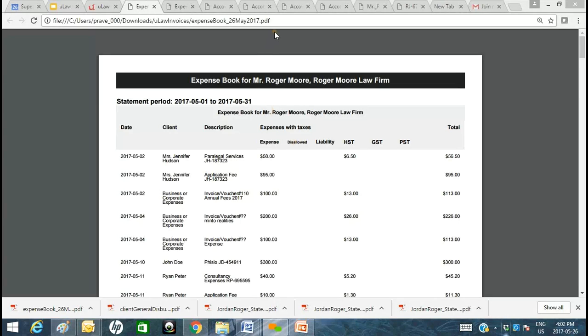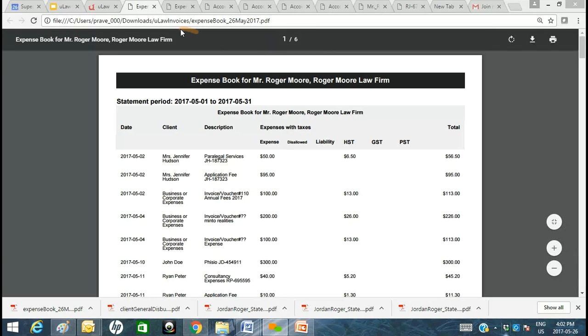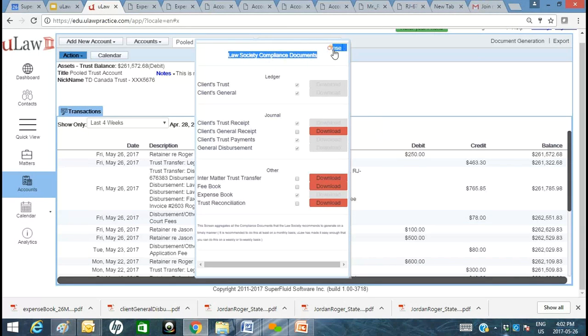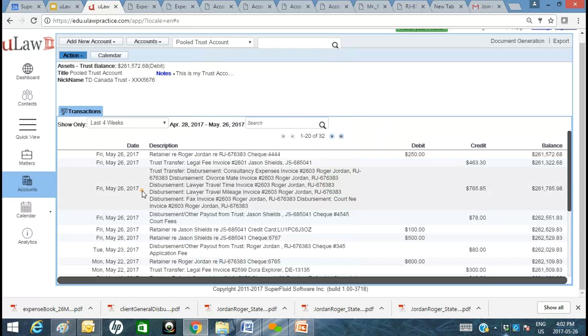Okay, I'll probably take two more questions before we wrap it up. Okay, we've got one question. How does the analytics differ from the reporting capabilities of uLaw? Okay, that's a really good question, in fact. The reports, the data based on all the information that we've just tracked, is the same, right?